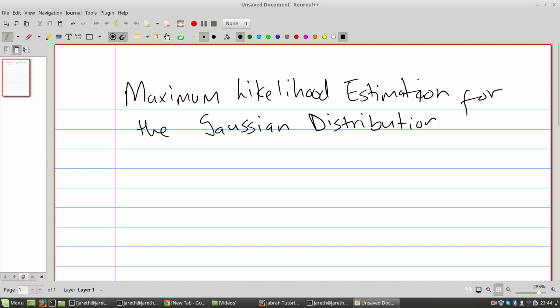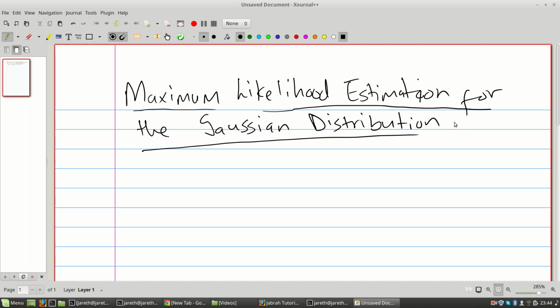So this is the topic for today, essentially. Sometimes you'll see me abbreviate this as MLE, like maximum likelihood estimation, so that you don't get confused when I do that.